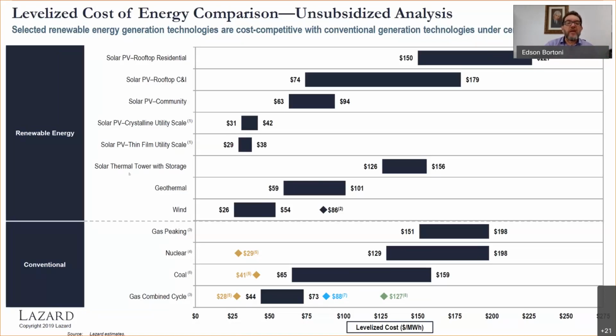Here we have solar thermal storage. The difference between solar photovoltaics and solar thermal is that solar photovoltaics makes use of the energy stored in the photon of light.